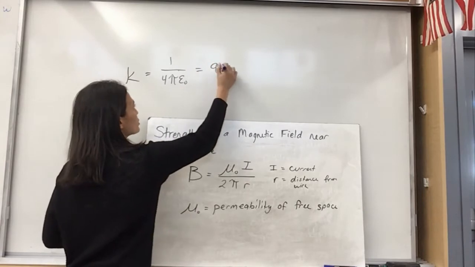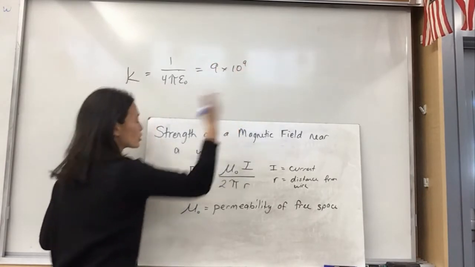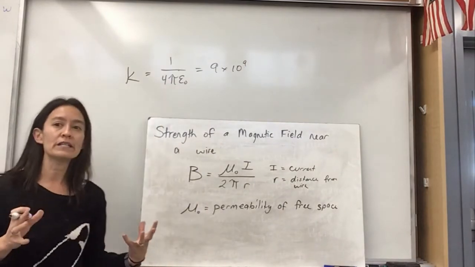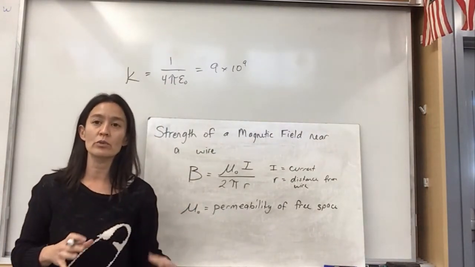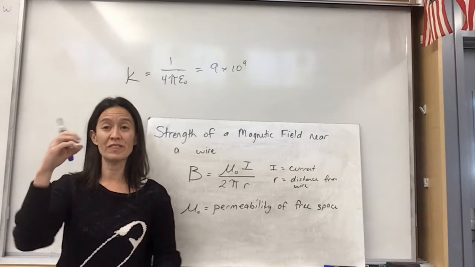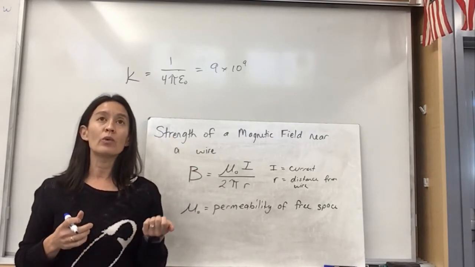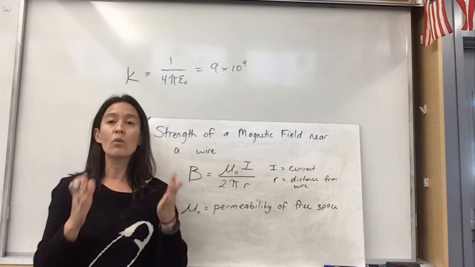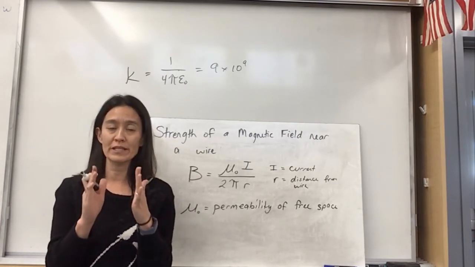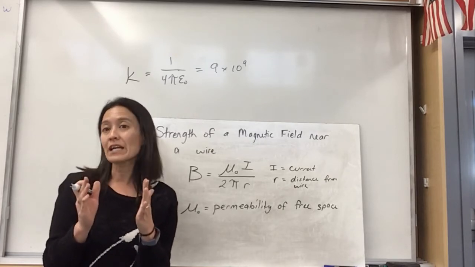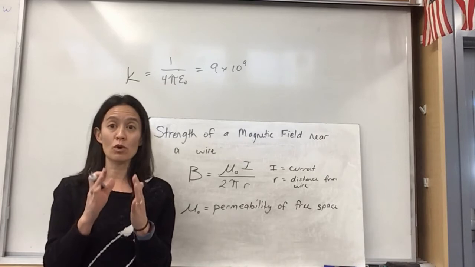And we could just say that's just 9 times 10 to the 9, the way it all shakes out. This epsilon naught value had an effect on how charges could interact with each other. It was like, what is in the space between this charge and this charge? We also saw the epsilon naught value with our capacitors, when we were looking at what is in between our two parallel plates. Is it just air, or is there some other dielectric material that allows me to store more charge?